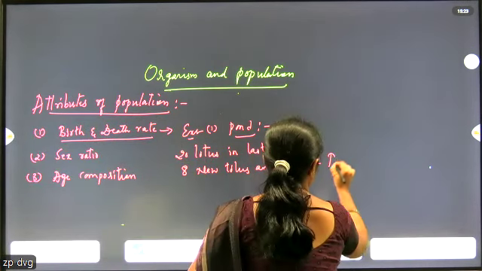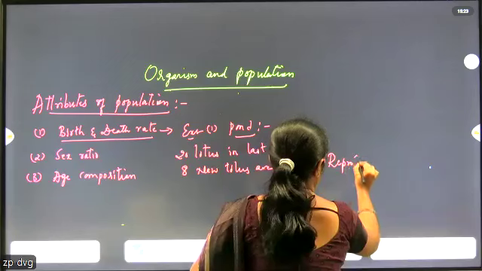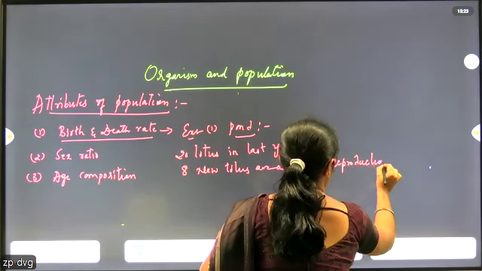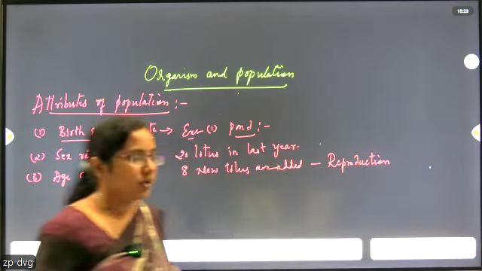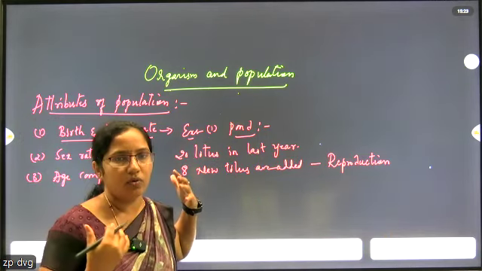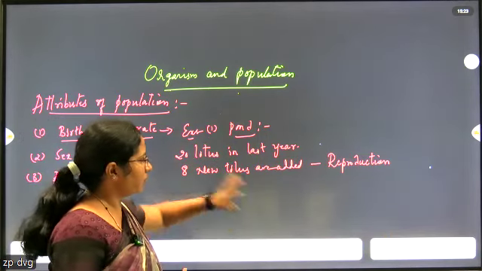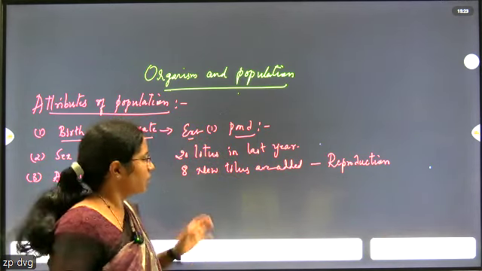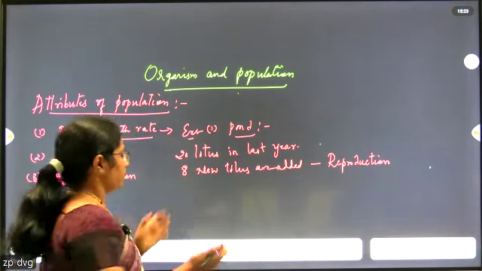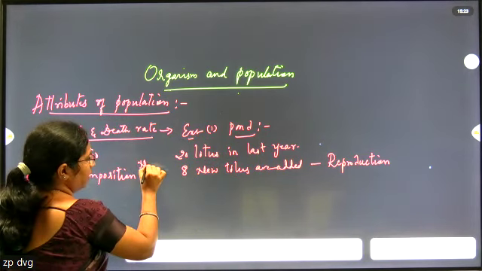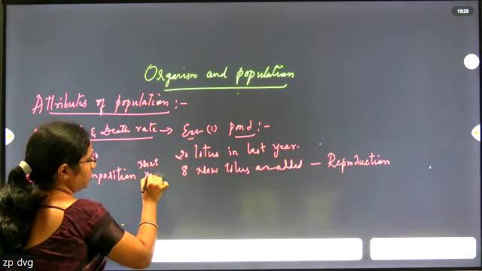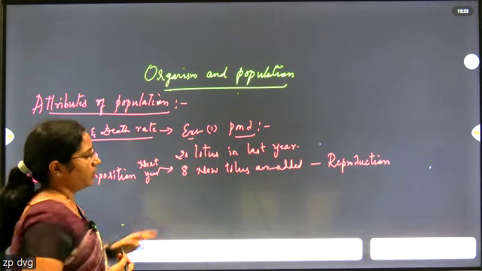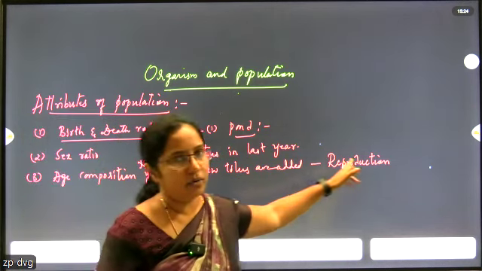Obviously, if it is a living thing, it shows the most important characteristic feature, that is called reproduction. Every lotus has its own reproductive capability, so each and every lotus will show some amount of birth rate. As a result, in the next year, 8 new lotus are added due to reproduction.